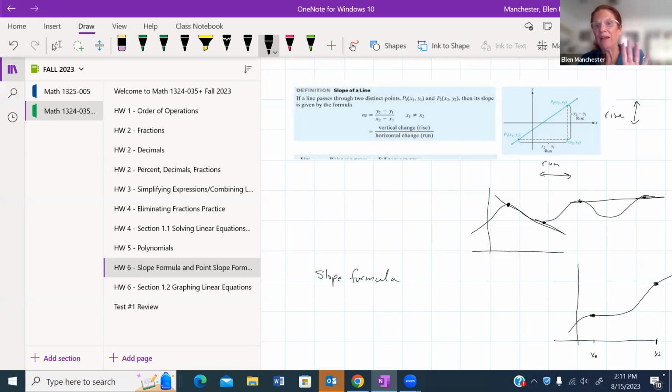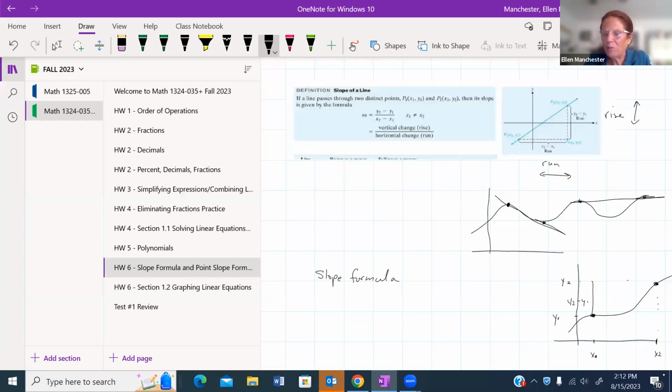That's all X1, X2 means. When I come up from my first point and come over to my Y value, that Y value is Y1. When I come up to my second point of X and come over, this is my Y2. Well, when I'm looking at how much this rose, this is the difference between the two Y's.